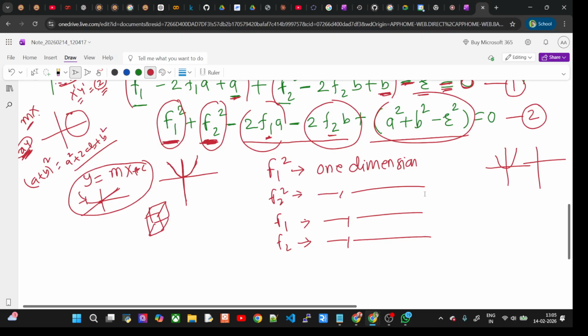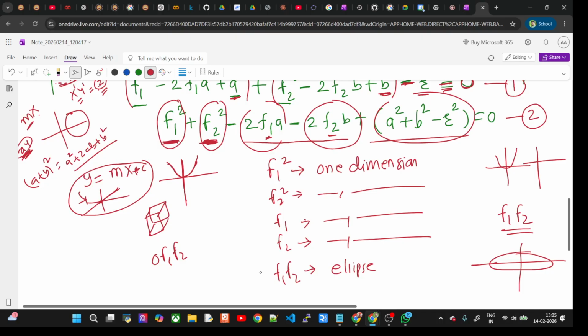Here there is also f1 f2, but in equation number 2 it is multiplied by 0, 0 into f1 f2. This f1 f2 shows an ellipse type of dimension, but it is multiplied by 0, so you cannot see it in the above equation.